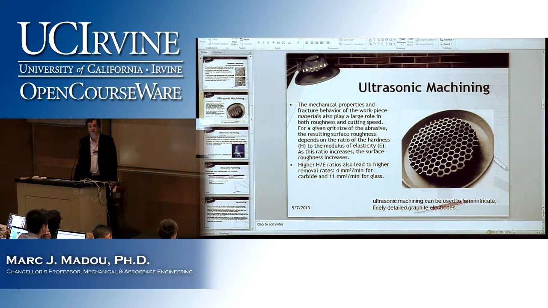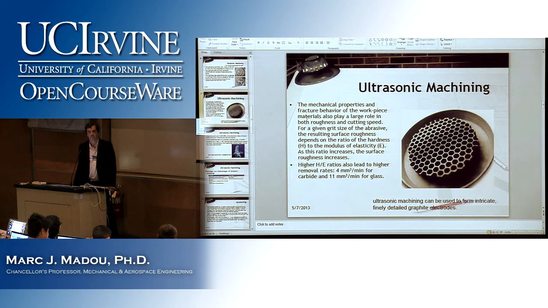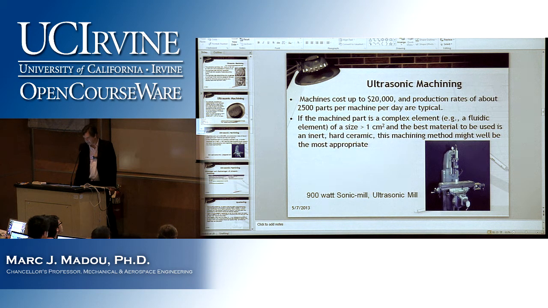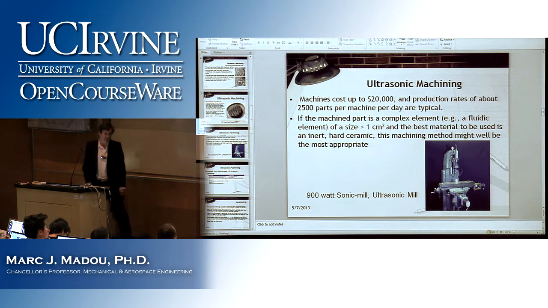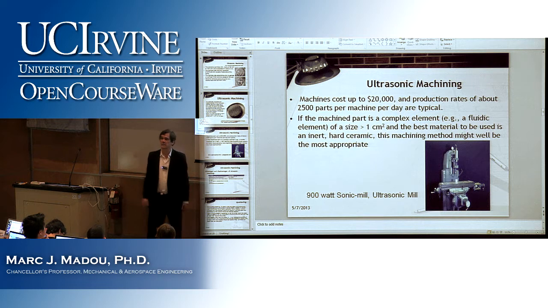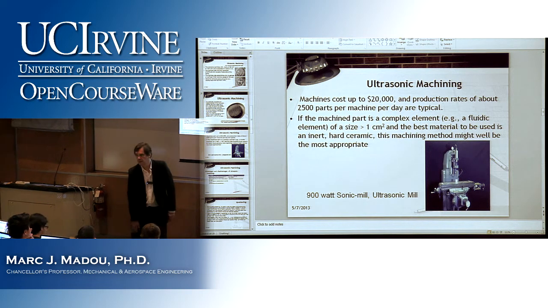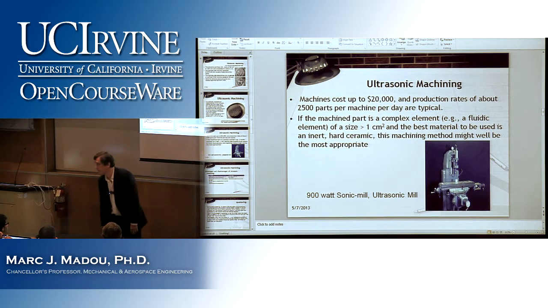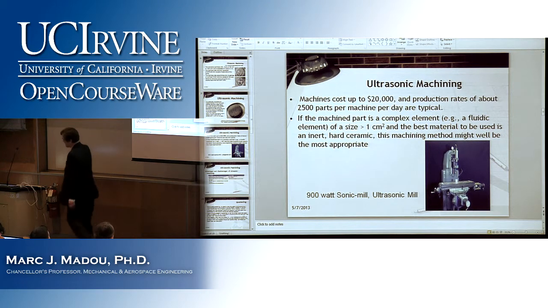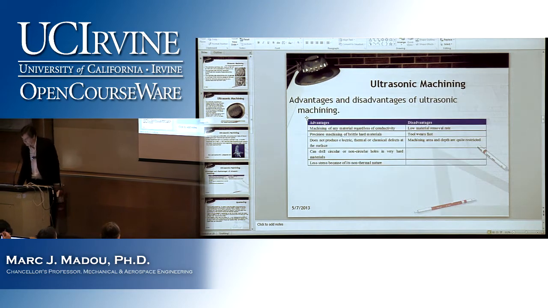No. Not fast, right? Is it very expensive? Not expensive compared to any of the vacuum techniques and so on. Not expensive, actually. Look at that. $20,000, that's really not expensive nowadays as a machining tool. I mean, if you compare, how much do you think a CNC machine costs? Depends on what size you want. Yeah, that can be easily up to $1 million, right? So in that sense, it's not expensive.